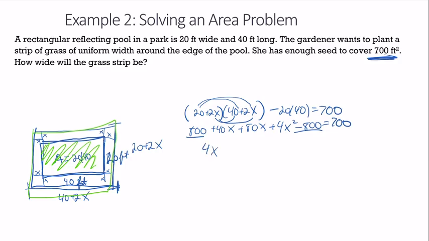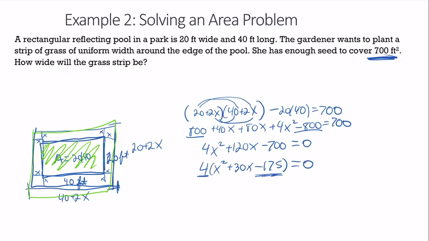I've got 4x squared plus 120x minus 700 equals 0. Then I can solve this quadratic by completing the square, by factoring, or using the quadratic formula. I'm going to factor. So I'm going to take 4 times x squared plus 30x minus 175, because I can factor out the greatest common factor.